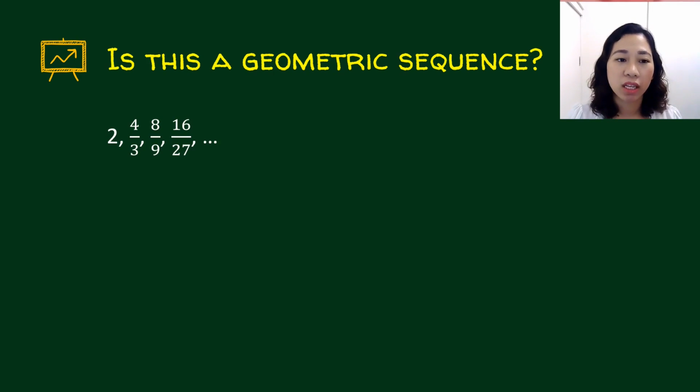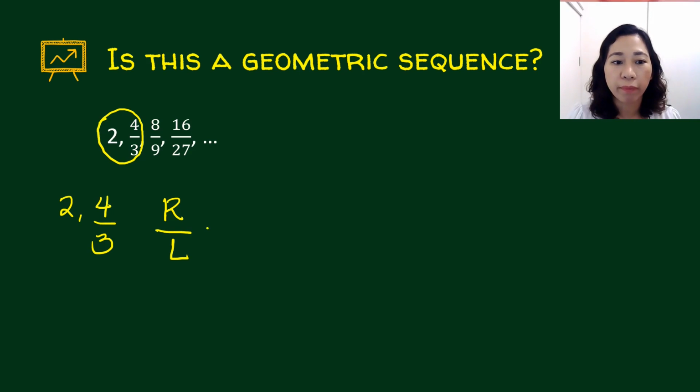Okay, what about this one? 2, 4/3, 8/9, and then 16/27. Now again, for those of you who have difficulty determining whether this is a geometric sequence, what do you do? You get two consecutive terms. I will use 2 and 4/3, and then we will compute right over left.